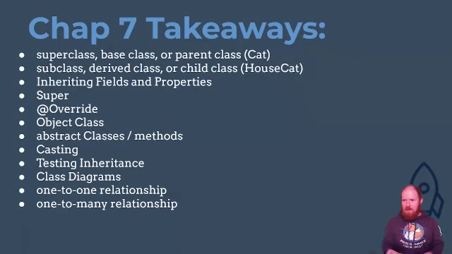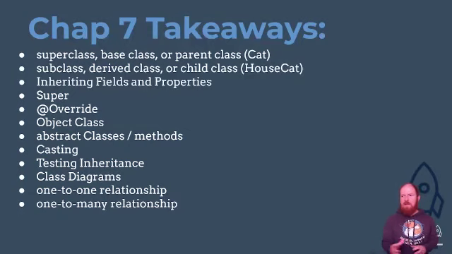So you override methods. It does bring up that idea of an Object class. Remember, everything besides your primitive types is an object. So strings are objects. Your cat is an object. And so naturally, even though you don't say extends Object, it extends Object.